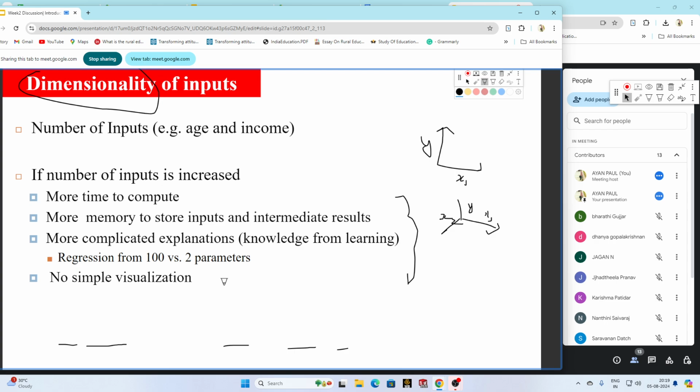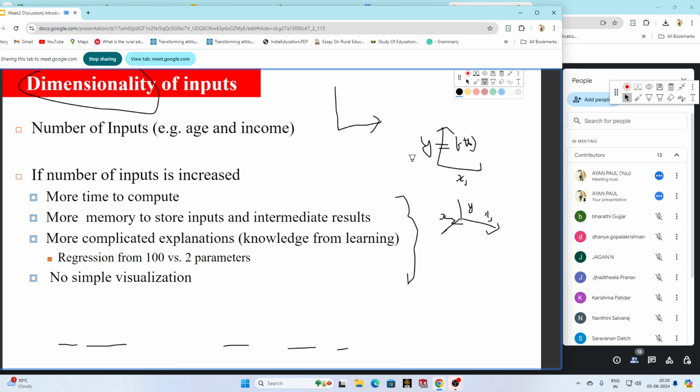Last is no simple visualization. Remember, any data we are taking, we are visualizing it. Like we have this x1 as input, so we can visualize it by two axes: x1 we will put the input, and y we will put the output, or y equals f(x).